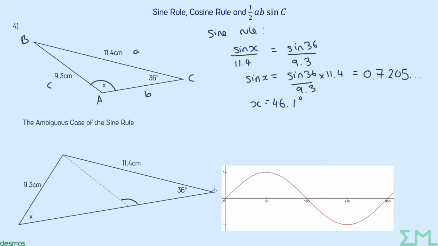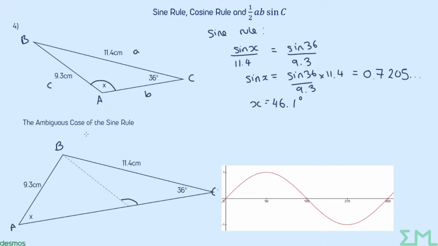So now when we start with this 36-degree angle and we go along 11.4 centimeters, at that point we have a choice. We can either go back in on ourselves, 9.3 centimeters, to arrive at the triangle in the question, or we could go out a larger angle, 9.3 centimeters, and produce this bigger triangle, which still has the same 2 sides as the first triangle, the same angle, 36 degrees, but now x is a lot smaller, and this base, the AC base, if I label this in the same way, A, B, C, this base is a lot longer.